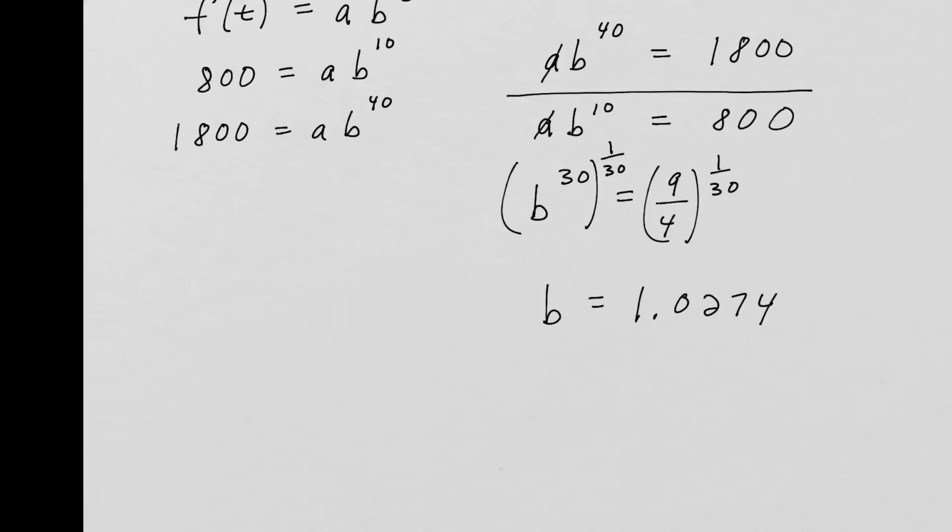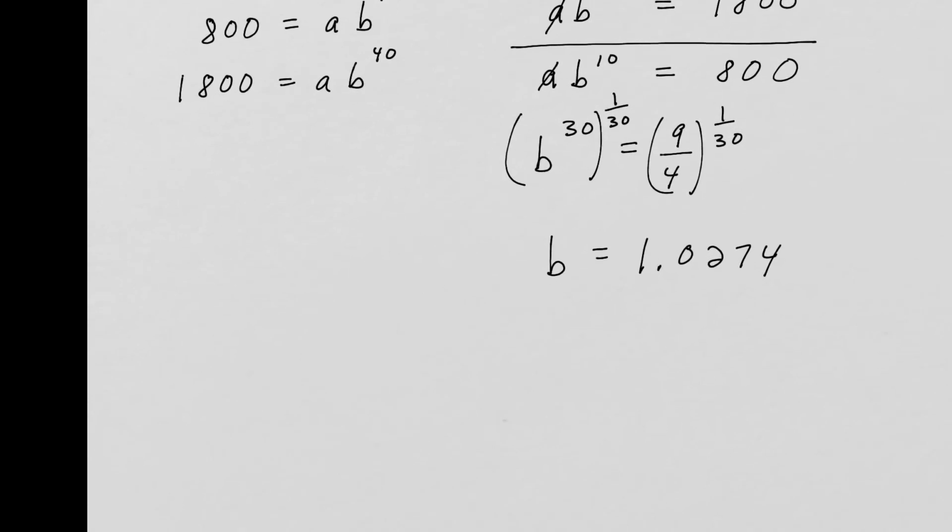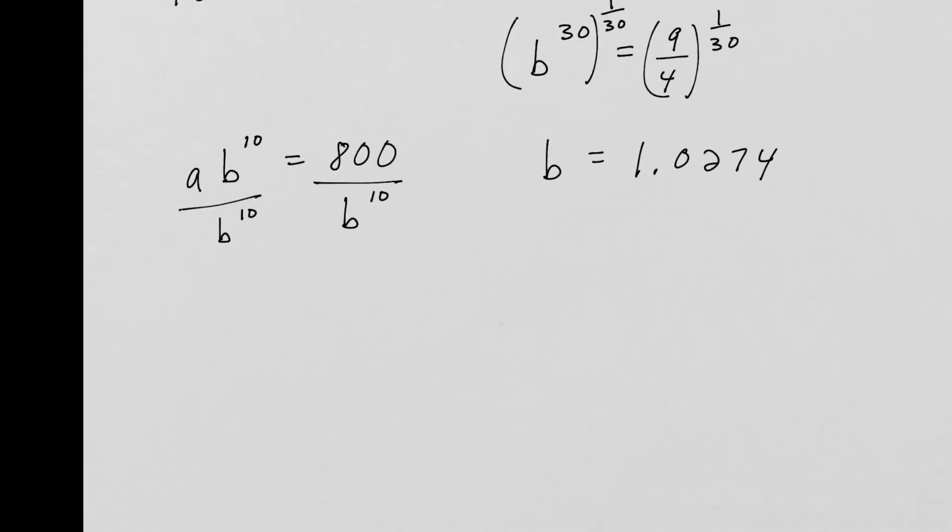Now, how do we go back and find a? Well, we can just plug it into one of our original equations, right? Let me just choose the first equation. Again, I'll write the variables on the left-hand side. I have a, b to the 10 is equal to 800. So to solve this for a, I'll divide both sides by b to the 10. The b to the 10s will cancel, and I'm going to get a is equal to 800 over b to the 10th.